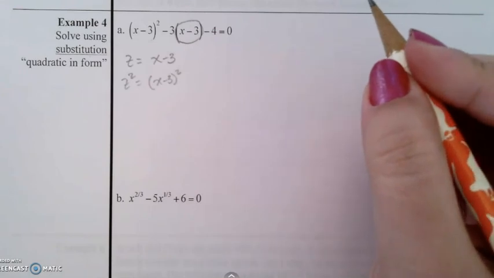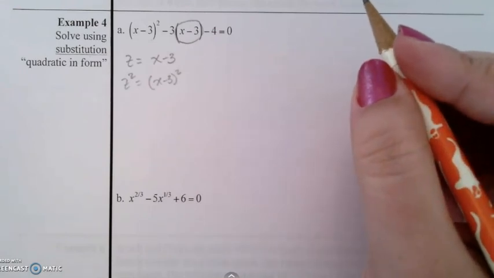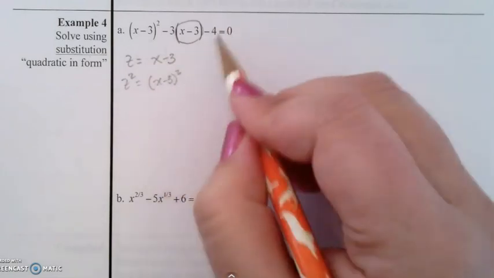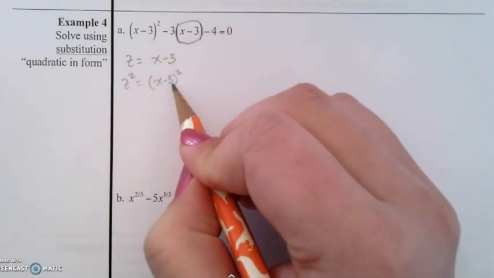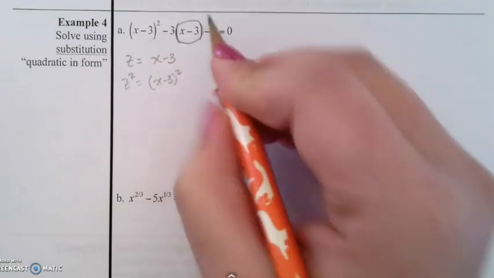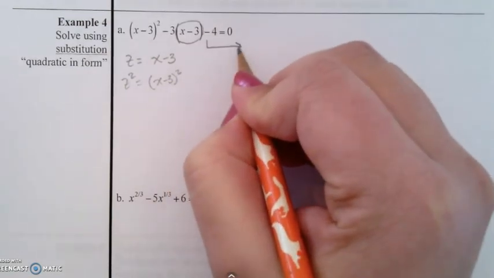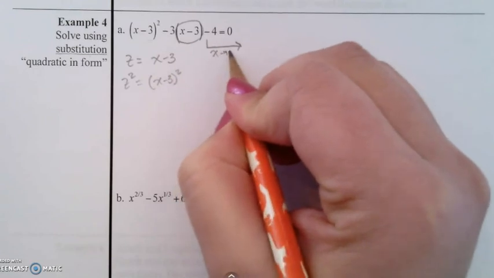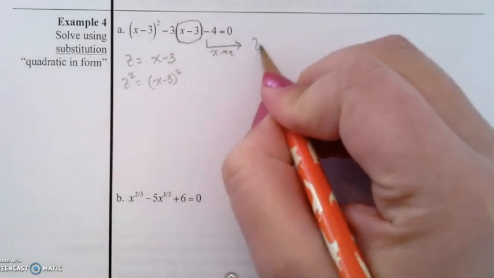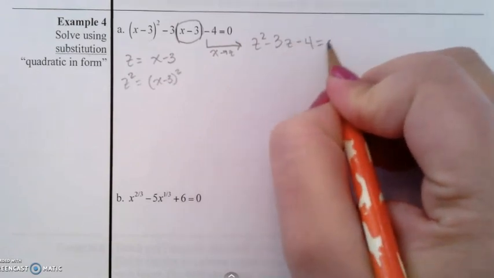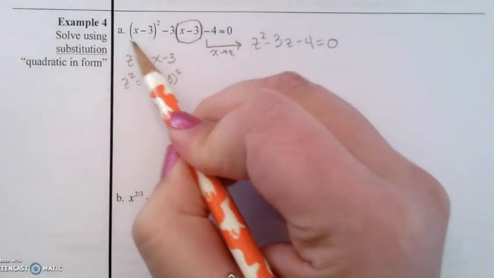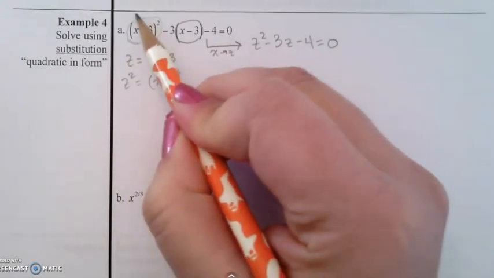Now we don't have to FOIL this out because notice that is my first term. So when we're using substitution, if it is quadratic in form, meaning if it actually would simplify into a quadratic equation, when we square our substitution, we should get our first term. So here we're substituting from x to z. So we have z squared minus 3z minus 4 equals 0. Again, that first term is z squared.